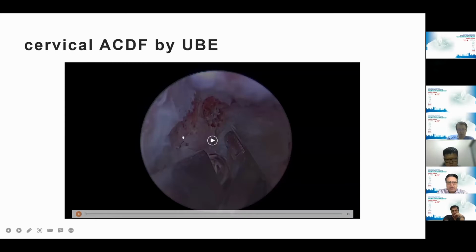In China, we often do the anterior approach, the ACDF by UBE, when we deal with the posterior area and open the ligament to do the decompression of the spinal cord.